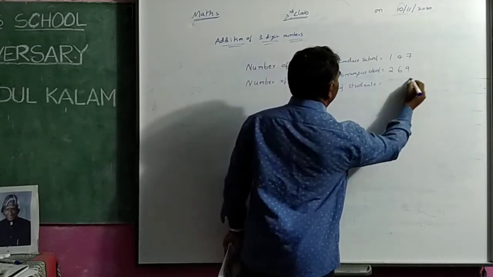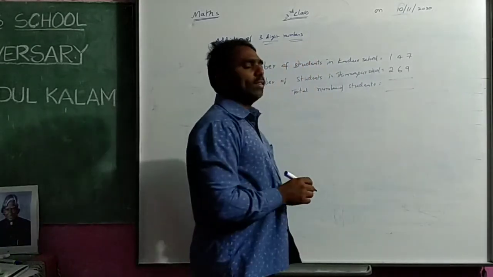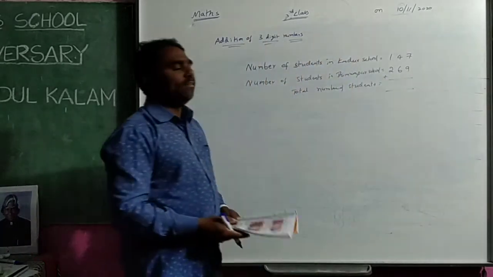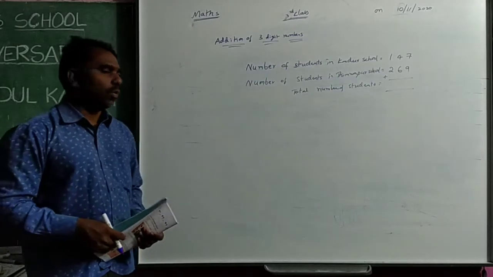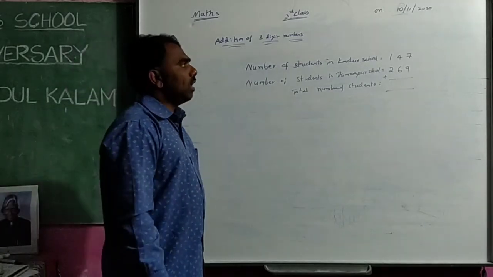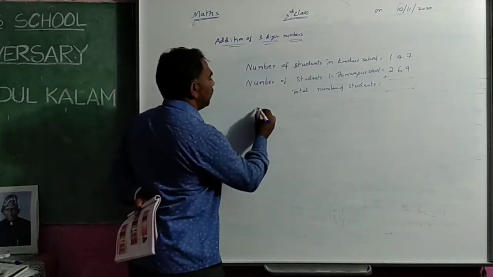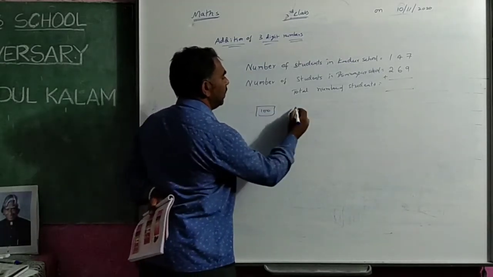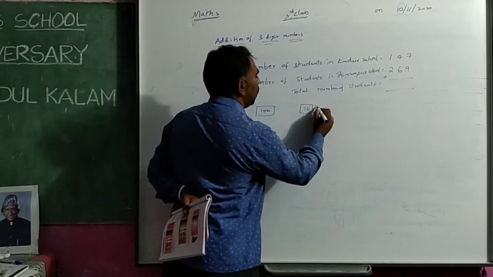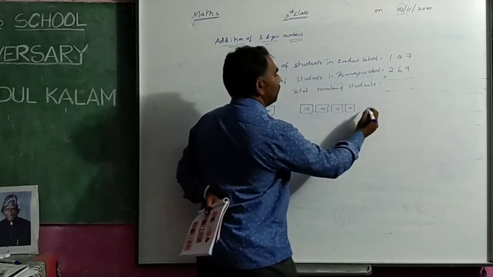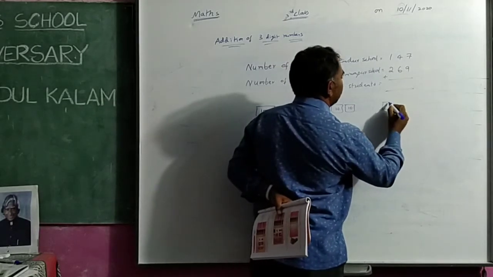So you said that we are going to count all together, that is called as addition. So now I will do the practical method. Okay? What is the first number? 147. You know that how do you write 147? 140, 4 tens. 7 ones.